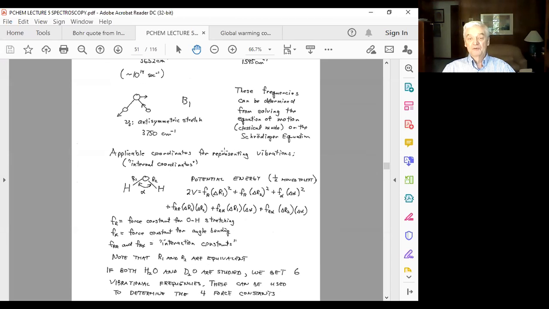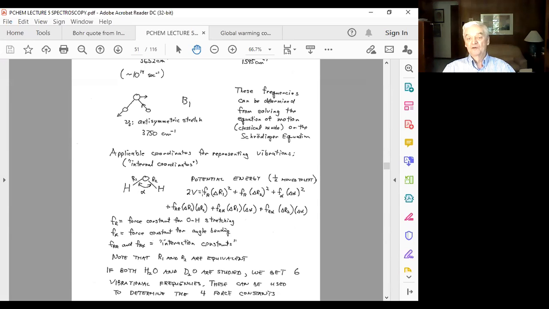So how should we write a potential function? We can start off pretending that parts of this molecule are just like diatomic molecules. So we have an OH stretch. We could write that as 1/2 kx squared, where x is the stretching of R1. But here, to make it clear, instead of writing x, let's write delta R1.